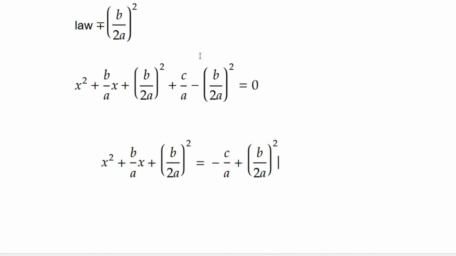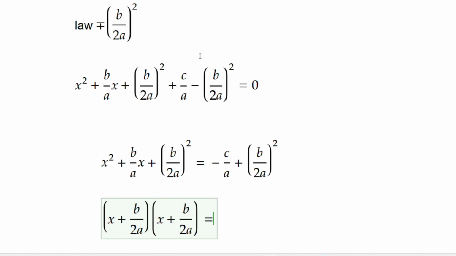So now let's simplify this. Let's factorize the left hand side. It's going to be x plus b over 2a, x plus b over 2a, is equal to, and then the other side will simplify, so it's going to be negative c over a plus b to the power 2 over 4a to the power 2.